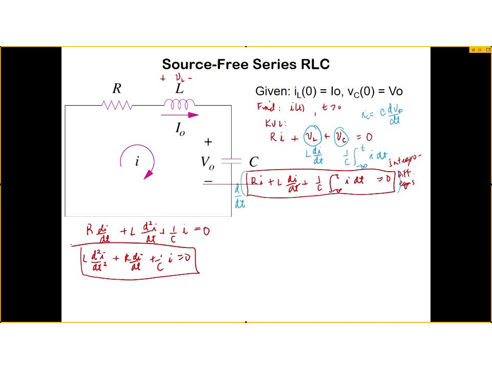Right? That's what it's saying. So we are looking for a function I such that if we add it, except for some constants, L, R, and 1 over C, we are able to cancel I with its derivative and its second derivative at any instant of time. Right? That's what this is saying.